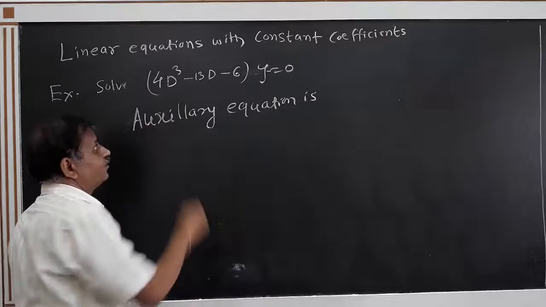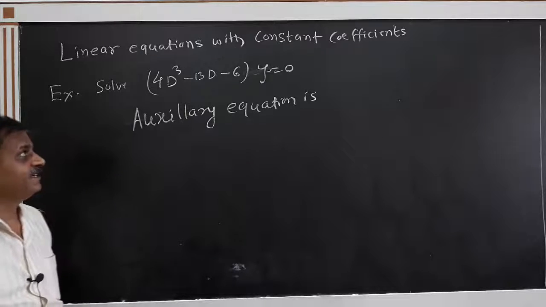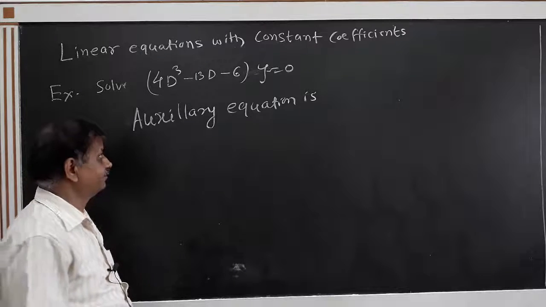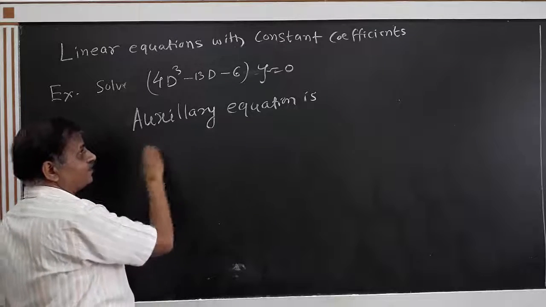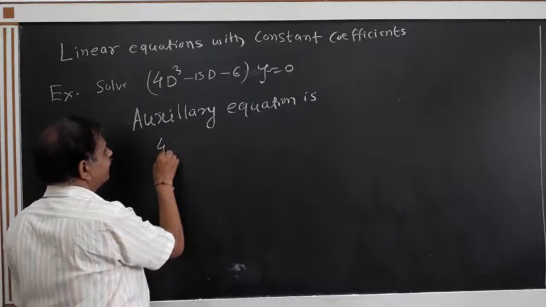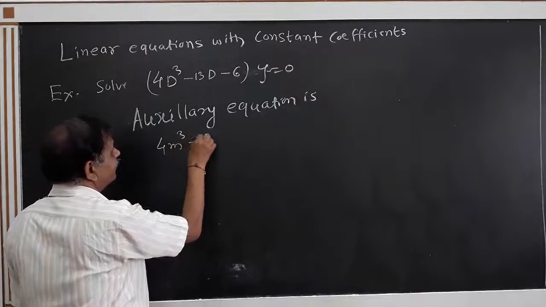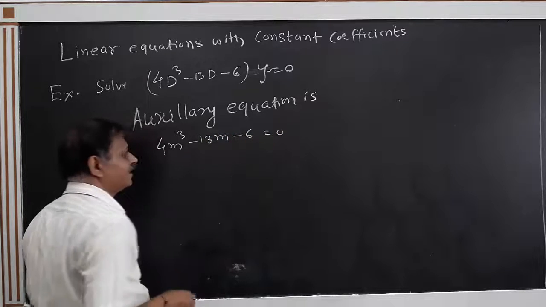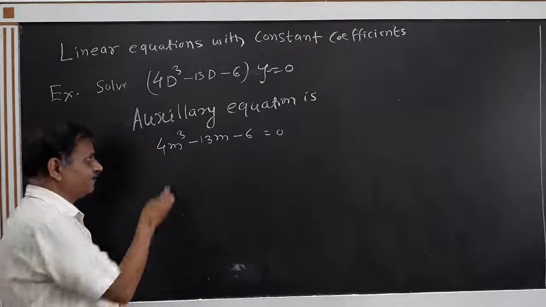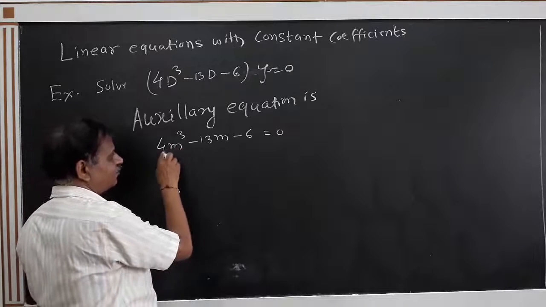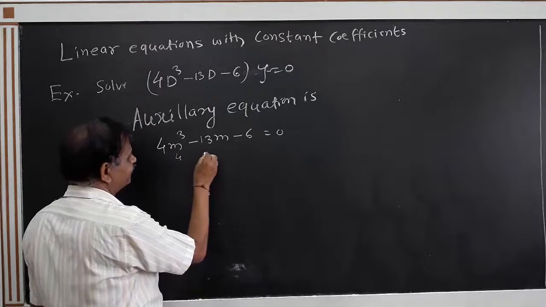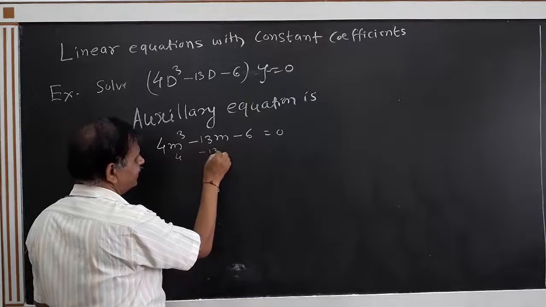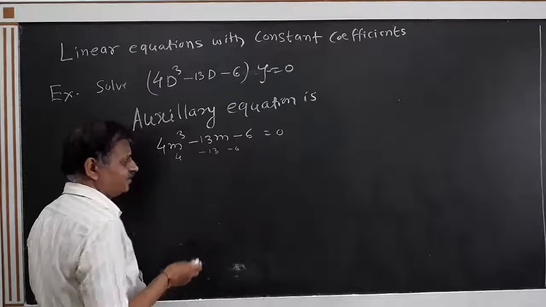We have to solve the problem 4D cube minus 13D minus 6y equal to 0. We shall write the auxiliary equation of this differential equation, that is 4m cube minus 13m minus 6 equal to 0. Now if I put m equal to 1, 1 cube 1, 1 into 4, 4 minus 13 and minus 6, it is near 0.